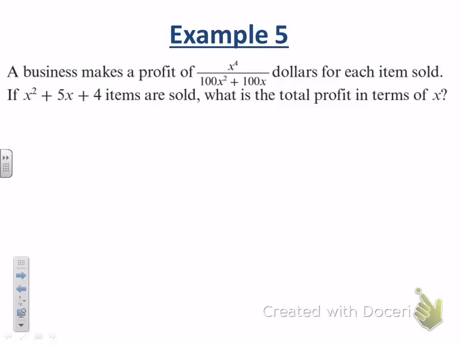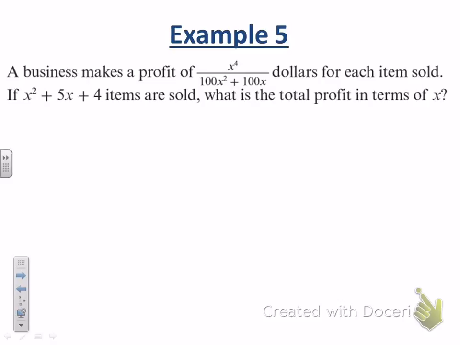Read through this. We're not going to have time to work it, but a business makes a profit of x to the fourth over 100x squared plus 100x dollars for each item sold. If x squared plus 5x plus 4 items are sold, what is the total profit in terms of x? What would you do with those two terms? You multiply the two terms, and you'd have to factor x squared plus 5x plus 4, be x plus 4 times x plus 1.